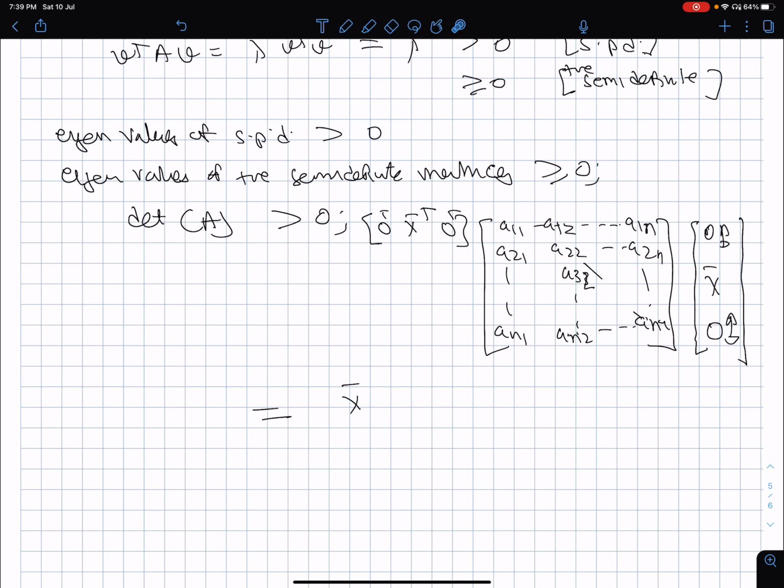Next time when I look at this part, it is going to be weighted by 0, and this part of it will also be weighted by 0.